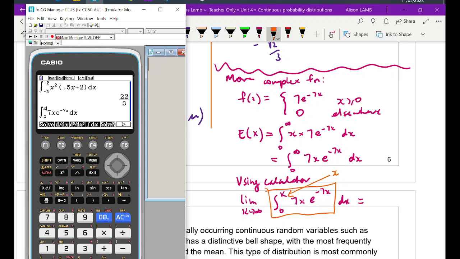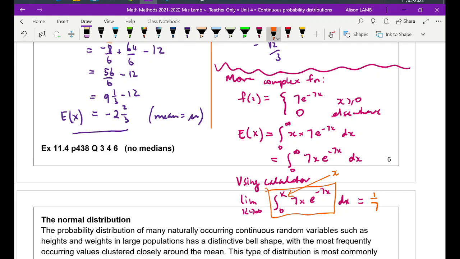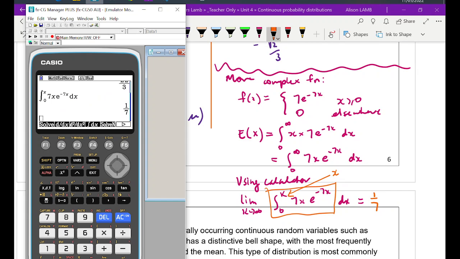I'm not sure how this works or why it works, but the good thing is it does. And that equals 1/7, which is actually our answer. I noticed I've got that written in fraction notation, so I've changed it back to decimals. We can see it's 0.14285.